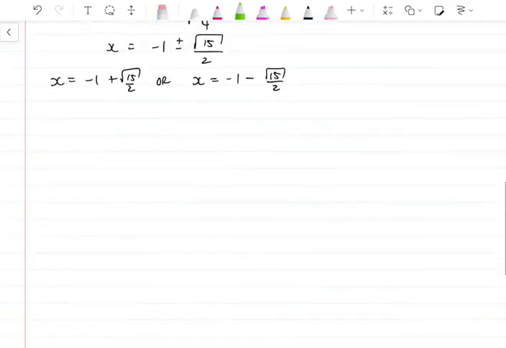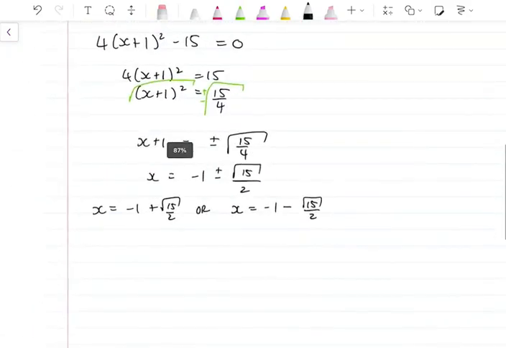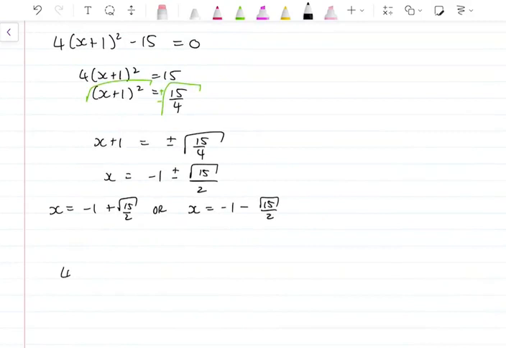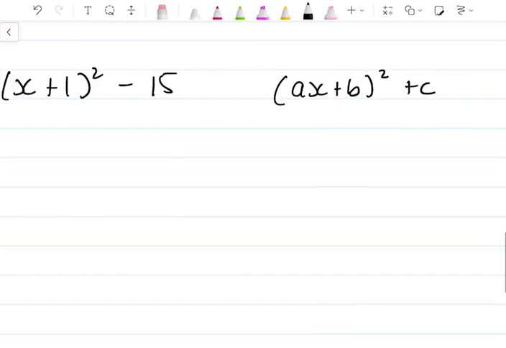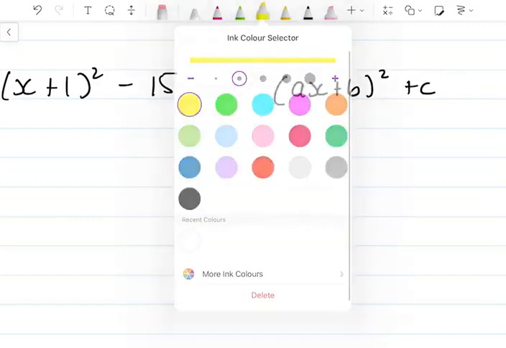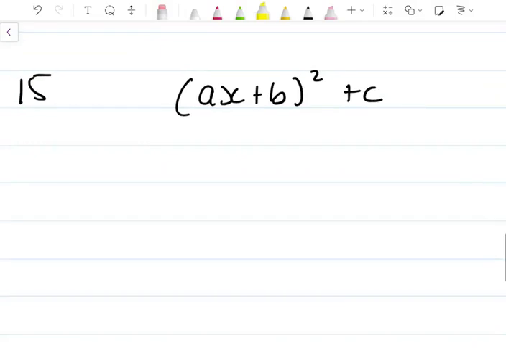Okay, then the final thing that I want to show you in this video is that sometimes you are asked to put the quadratic into the form of (ax plus b) squared plus c. Don't worry about whether it's a and b's or p's and q's.